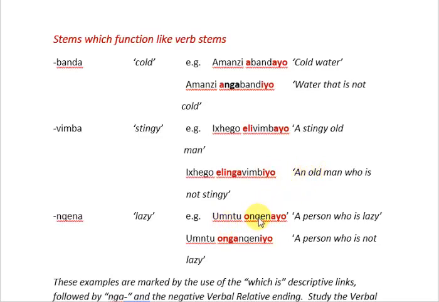Umtu onqenayo, the person who is lazy. Umtu onganqeniyo. So again, take note of nga only with verb stems, and only a verb stem can take the negative I ending as well as the yo suffix.